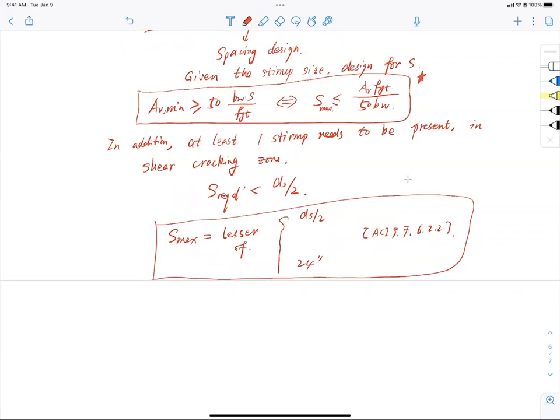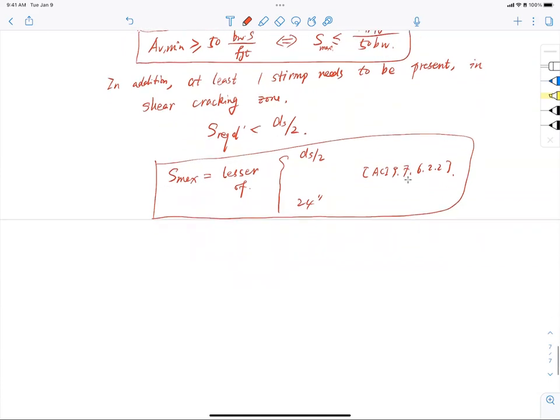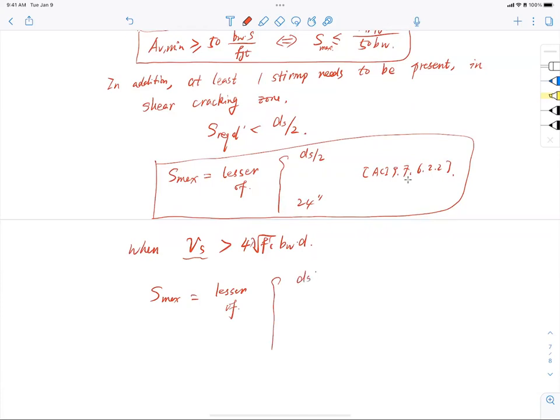And in addition to this, there's another requirement that says when Vs, the shear resistance from the stirrups, is greater than 4 lambda square root f'c bw d, then s max has to be the lesser of half the spacing in the previous one, so d over 4, and 12 inches.